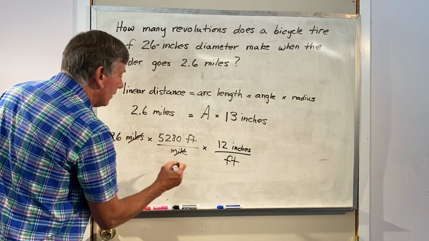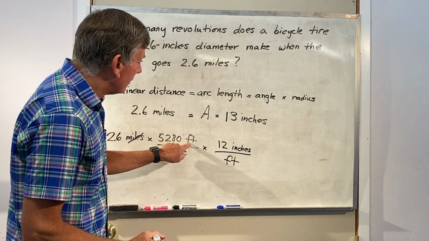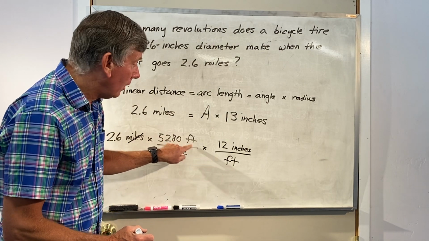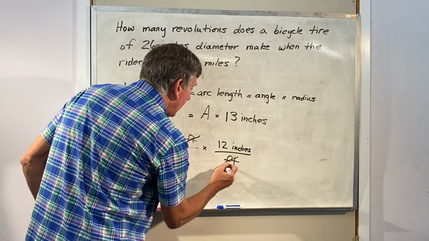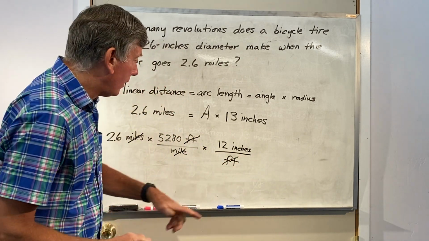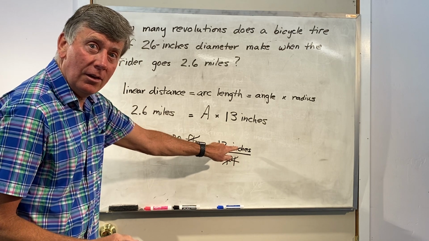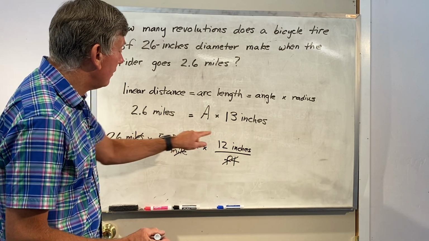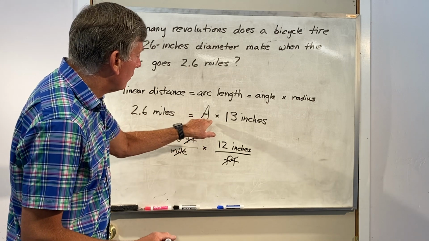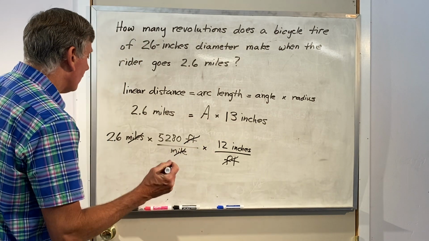Cancel, cancel. I have feet on the top here in the numerator. I have feet in the denominator. Cancel, cancel. What am I left with? Inches. So all I have to do now is multiply 2.6 times 5,280 times 12. That's going to equal A times 13 inches.